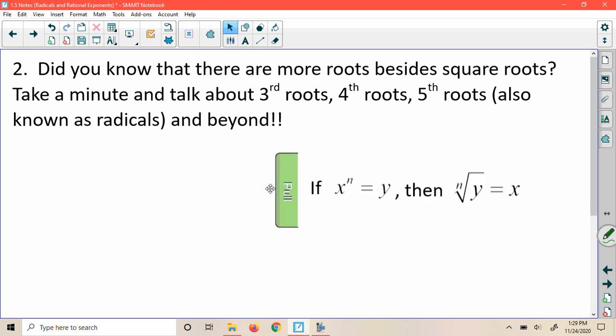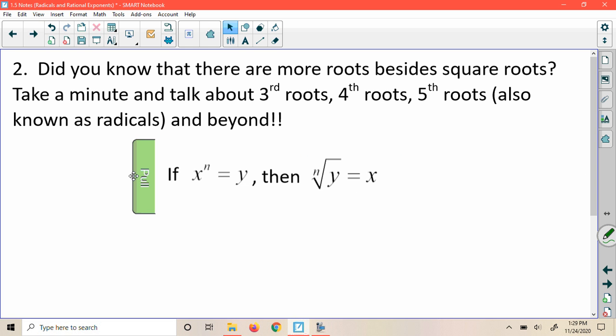Here's a formula, if you'll write it down in your notes, that will expand your math world beyond just square roots. If some number x to the n power equals y, then if you go the opposite way, the nth root of y will end up going backwards and equaling x. That might not make a lot of sense with all the letters, so let's put in some numbers.